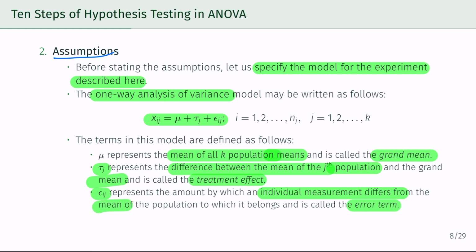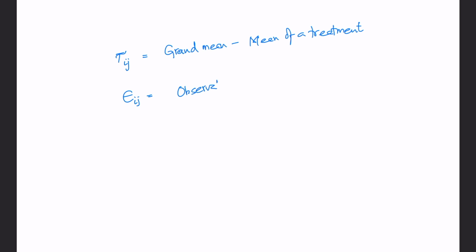So let me mention what this means here. What does tau ij represent? Tau ij represents the grand mean minus the mean of a treatment. Epsilon ij represents the observation minus the mean of a treatment.